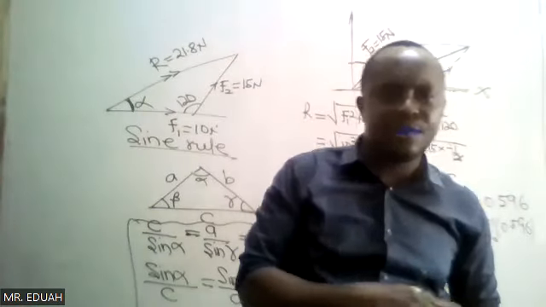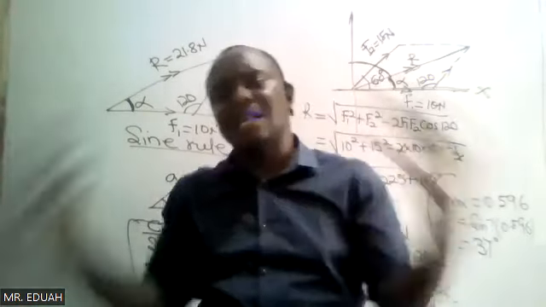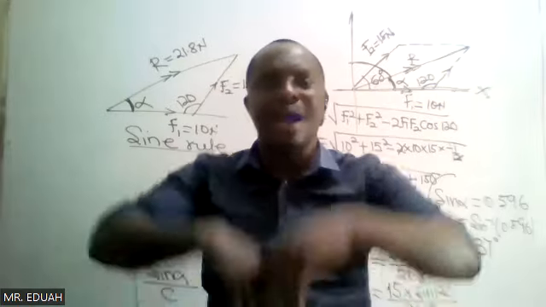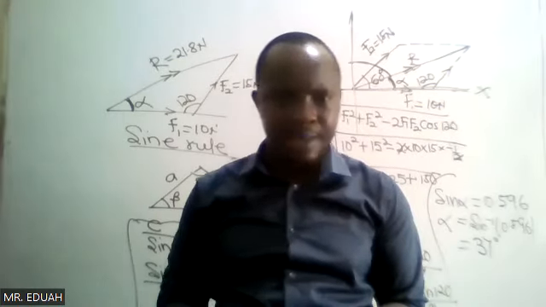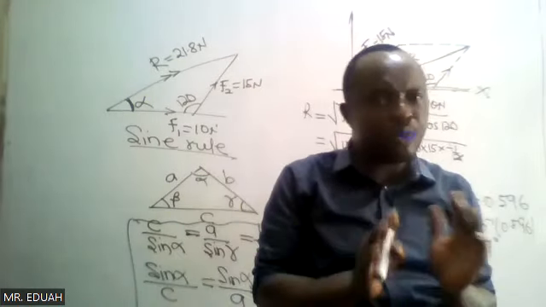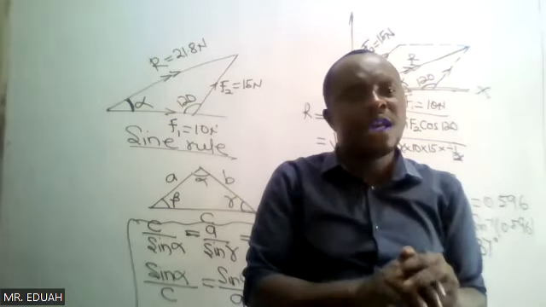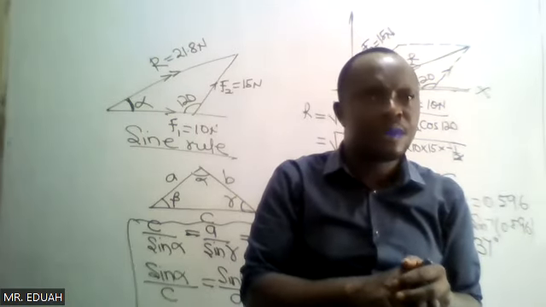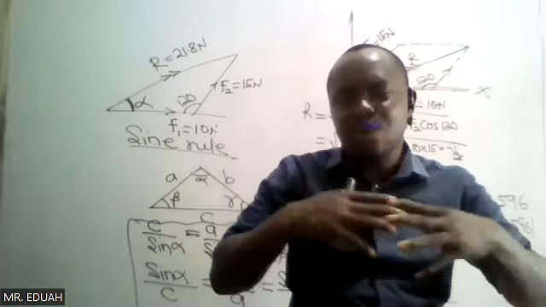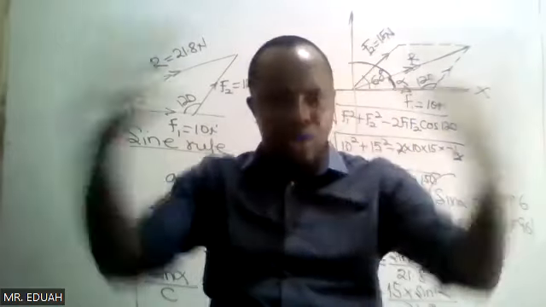And sometimes the specifics can be: determine the direction of the resultant from the x-axis or from the y-axis. And sometimes it can also be in bearing form. In bearing, angular measurement is taken from the north.